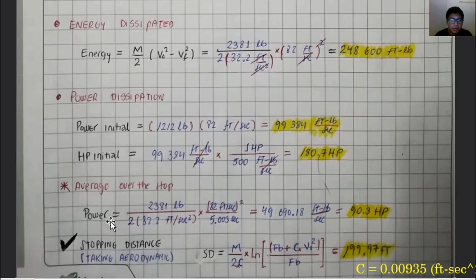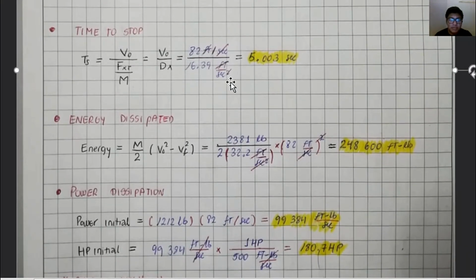Then I calculate the average power over the stop. The power is equal to the total weight divided by 2 times gravity, times the initial velocity squared divided by the time to stop.